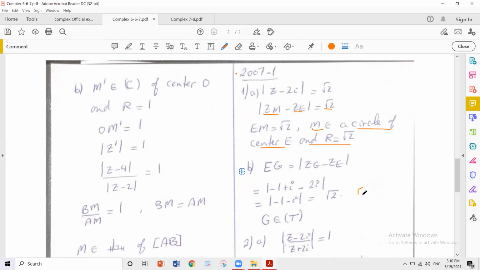So EG equals the radius. Then G belongs to T.